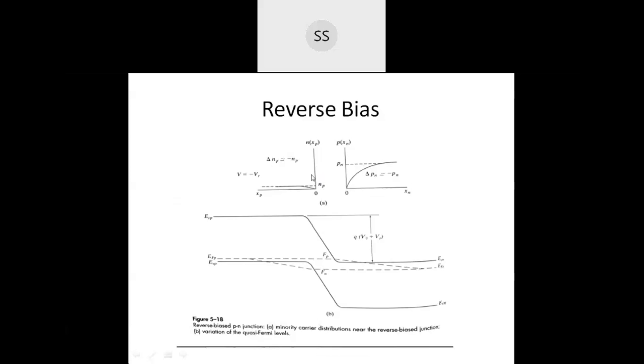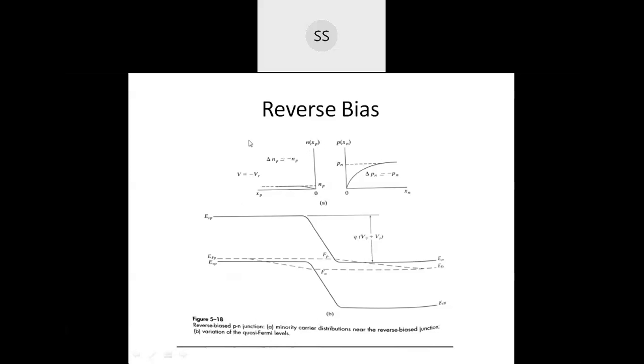Now here you have the terminology like this: XP, XN. Just observe picture A. What is picture A? It is showing minority carrier distributions near the reverse biased junction.